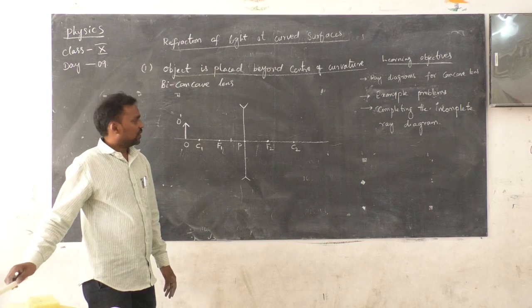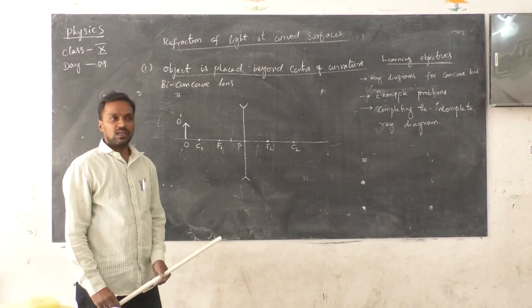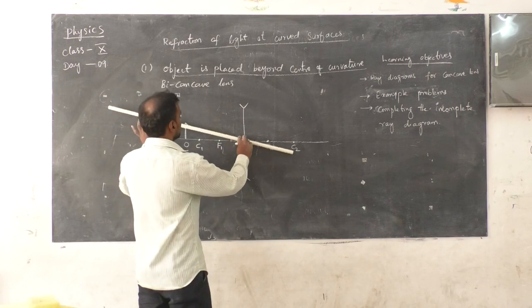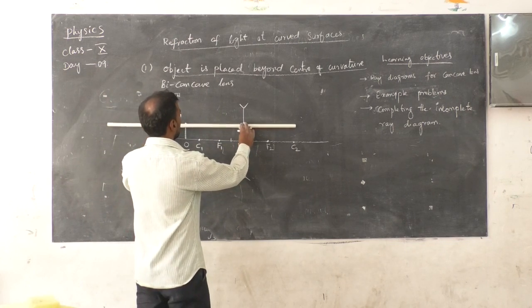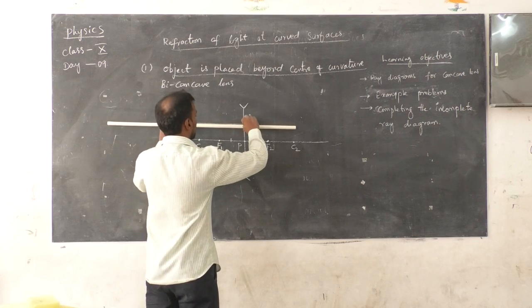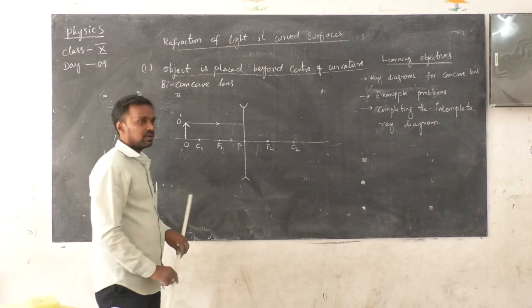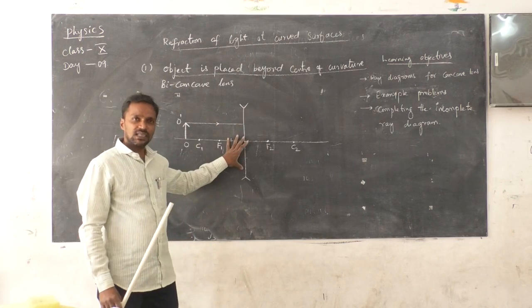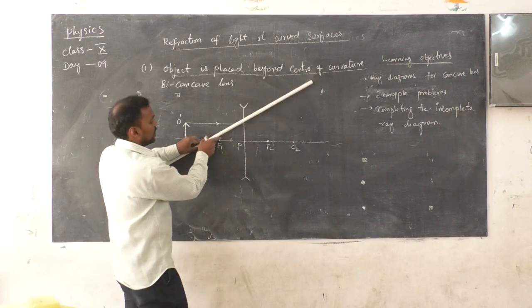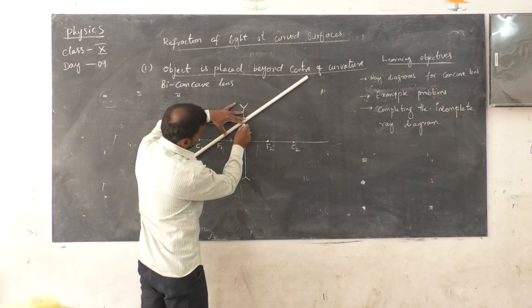When you place the object, I am taking situation 3. What is situation 3? When the light ray is traveling parallel to the principal axis, it will travel parallel to the principal axis, like this. And because it is a divergent lens, the light will be refracted as if it is coming from the focus.